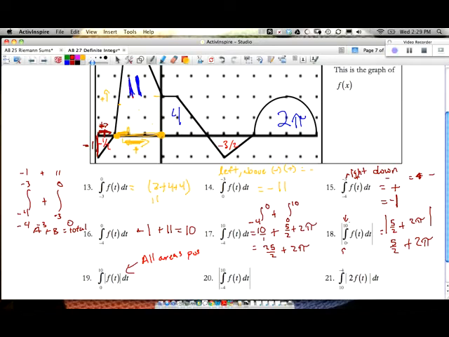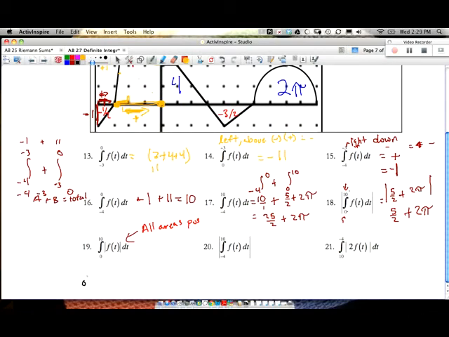So the integral from 0 to 10, let's break this up, is going to be the integral from 0 to 3 plus the integral from 3 to 6 plus the integral from 6 to 10. And again, it's f of t dt for each of these. But the first one, from 0 to 3, we said that was 4. And then the next one was negative 3 halves, but now it's the absolute value of that, so that's just 3 halves. And the last one is 2 pi.